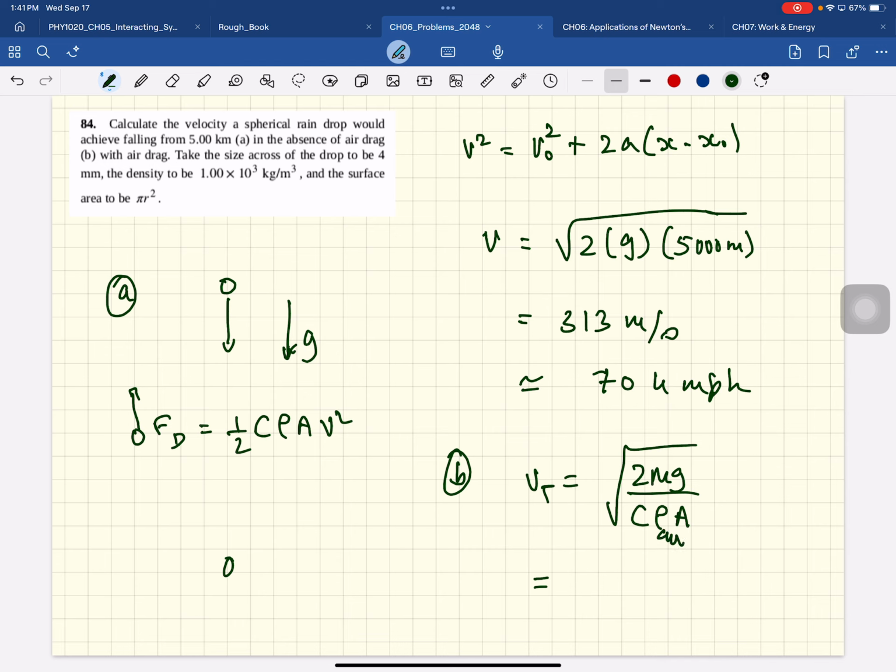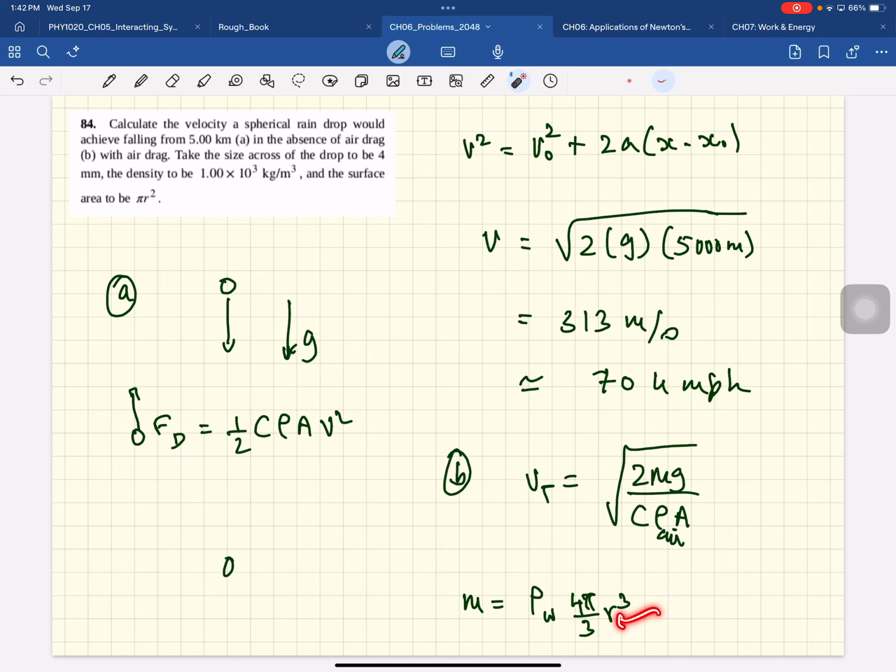Okay, this is the density of air. So actually let me calculate the mass of the raindrop first. The mass of the raindrop is the density of water times the volume. So the size of the raindrop is 4 millimeters, taking the size across the drop to be that.